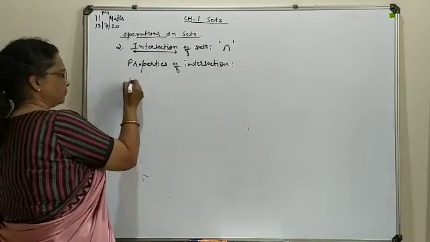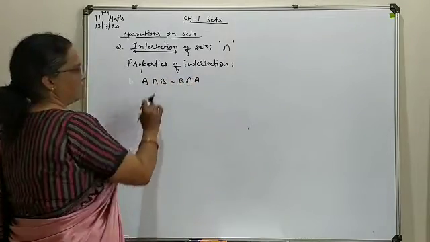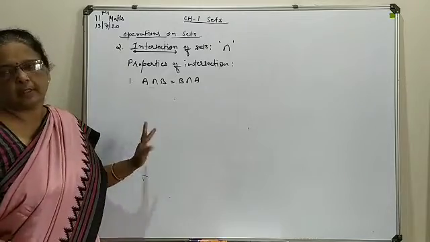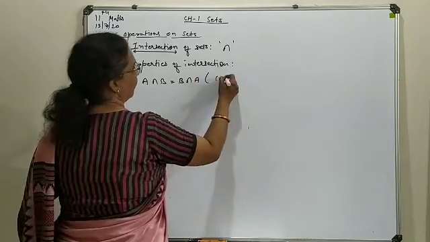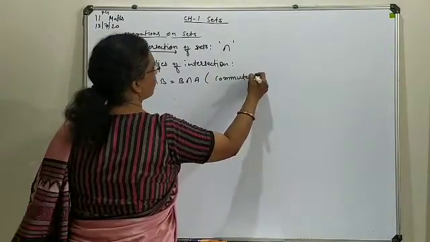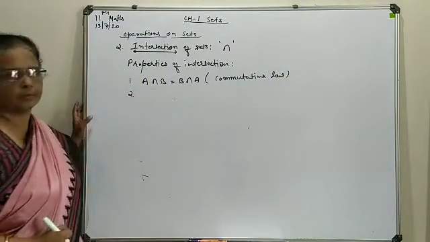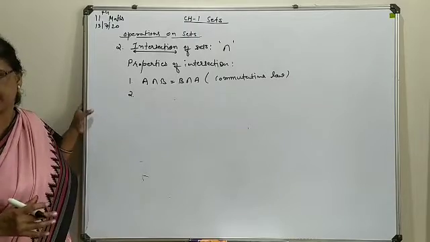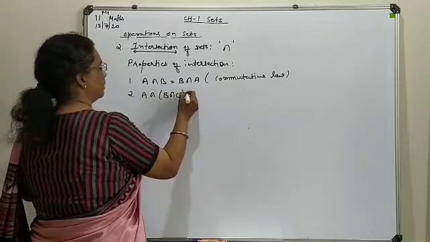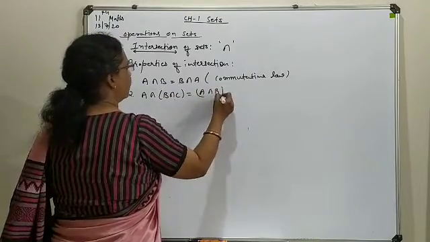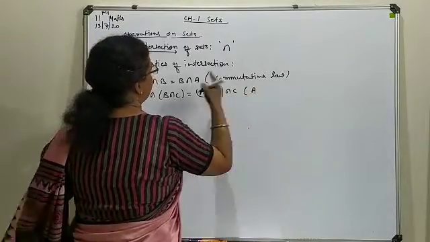First, A intersection B you will write as B intersection A. This means if you change the order of writing the sets, your answer will remain the same. So it is called the commutative law. Second, among three sets, the intersection property is associative: A intersection B intersection C, you will write as A intersection B intersection C with grouping changed. It is called the associative law, which also held in the case of union.